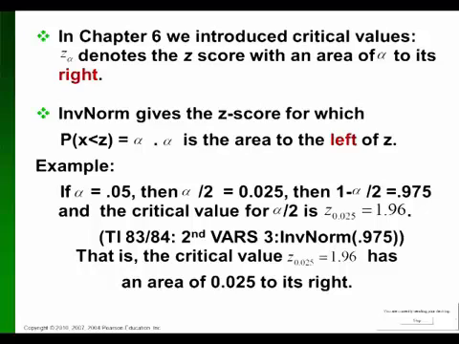However, when we used inverse norm to find a z-score, what did we always have to type in to the argument for inverse norm? The area to the left. Z sub alpha, alpha is the area to the right. What would be the area to the left? The complement of it, 1 minus alpha.